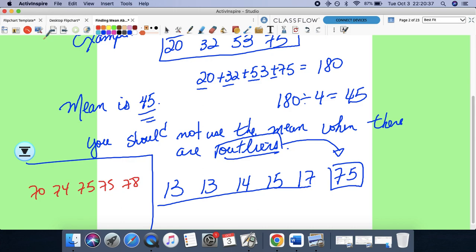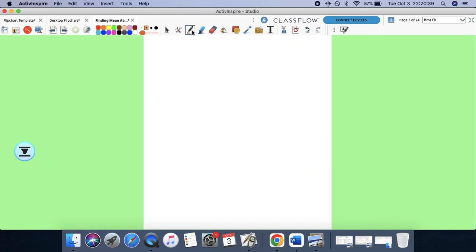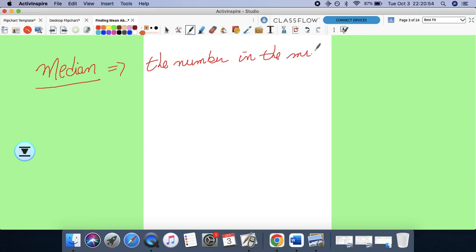Okay. So the other measure of central tendency that we did is called the median. Median. So in English, median should remind me as the number in the middle. The number in the middle after you order your data from least to greatest.